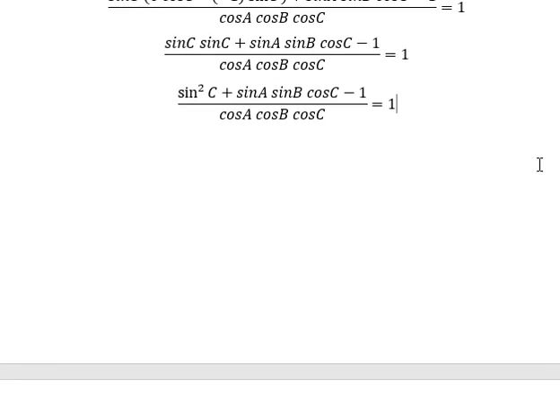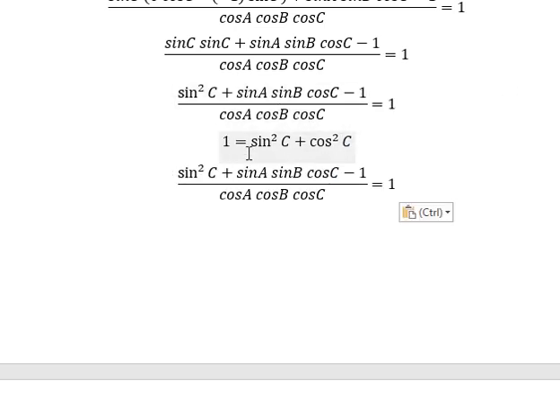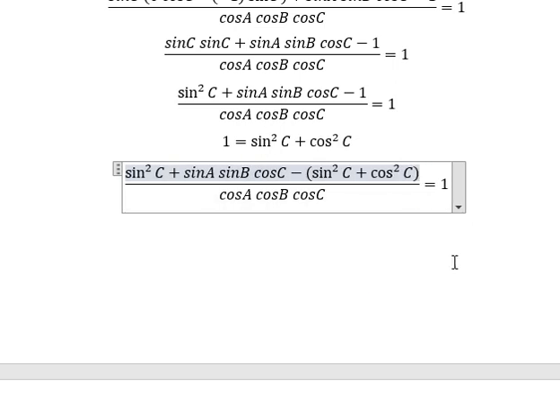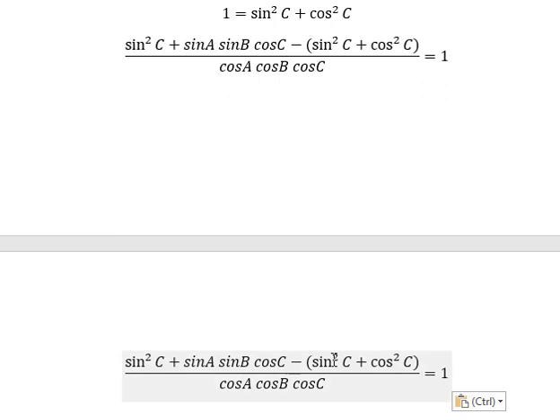Now, about number 1 in here, we can put like this. So I will put this one go in here. Now, side C square minus side C square, they cancel.